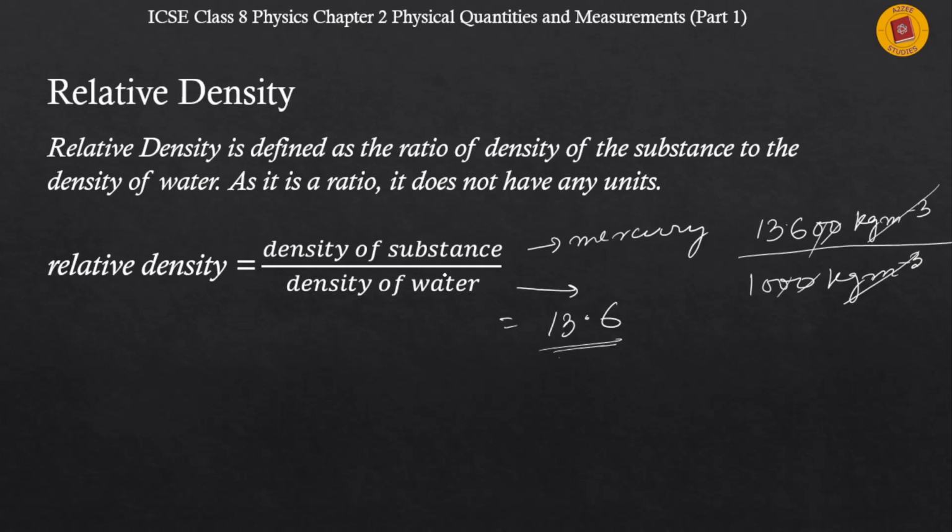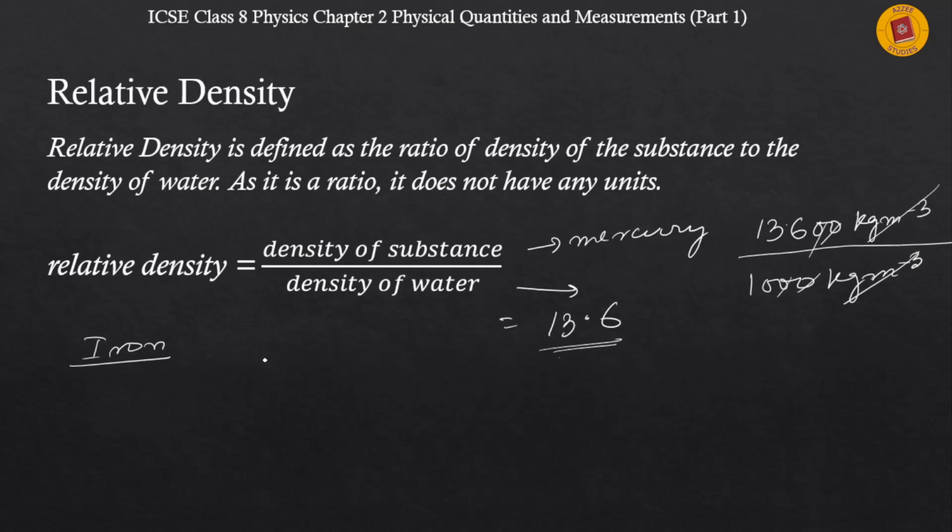We will come to it later, but let me give you a short discussion. For example, what will happen if we drop an iron coin, a 1 rupee coin or 5 rupees coin, in water? The iron will sink down because the relative density is more.